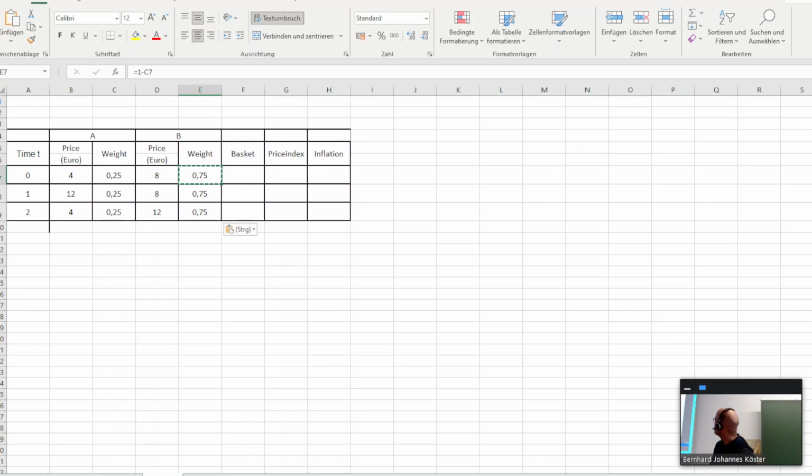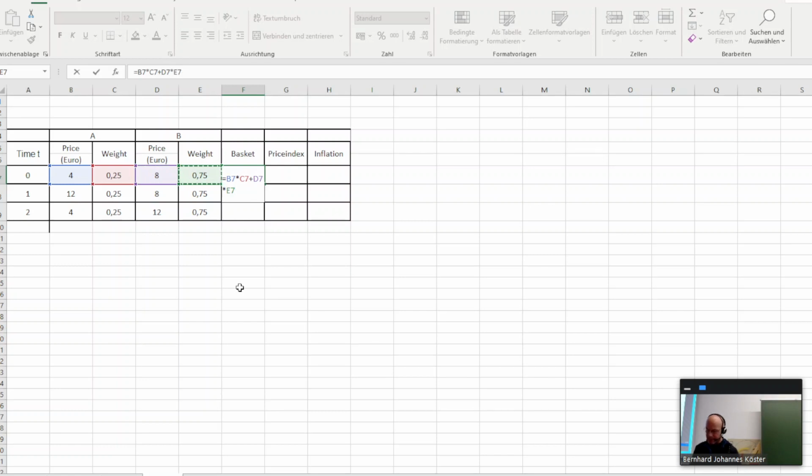Maybe somebody is entering, I don't know, so I just open the chat. Then we go inside. So this is 4 times 0.25 plus 8 times 0.75, and this is supposed to be 7. Okay.